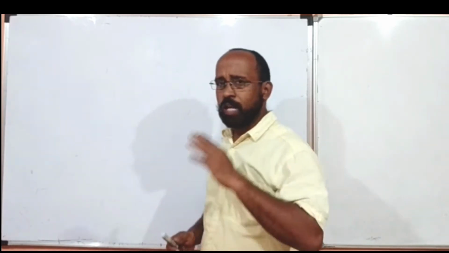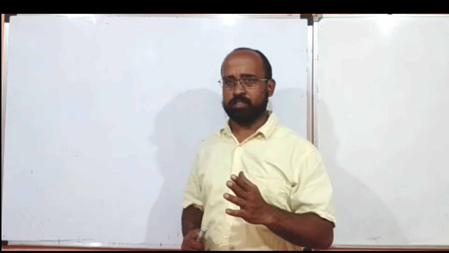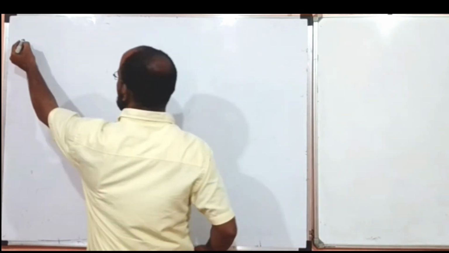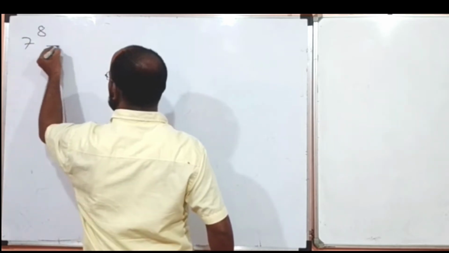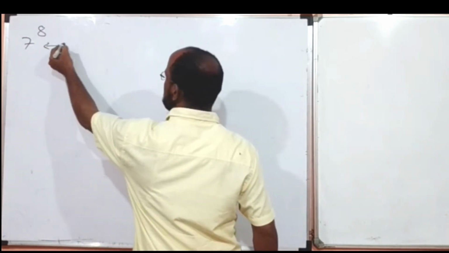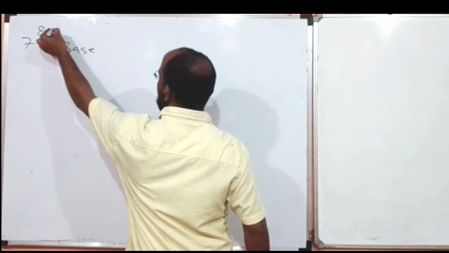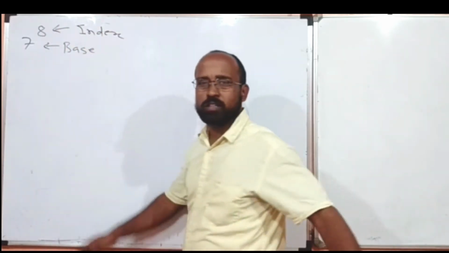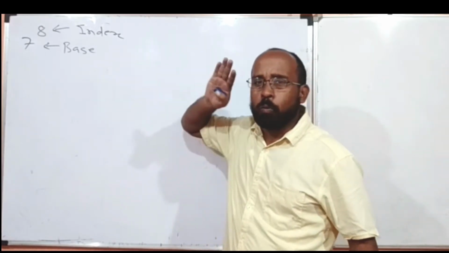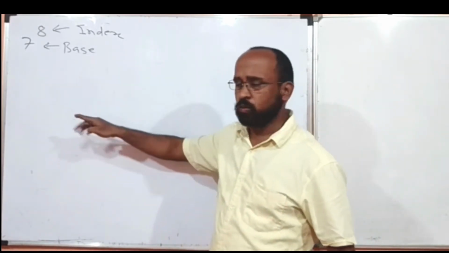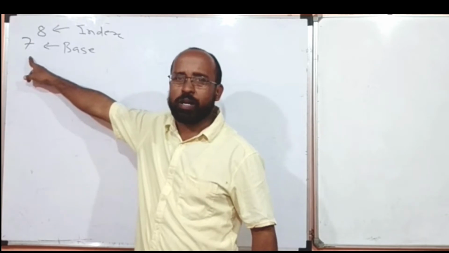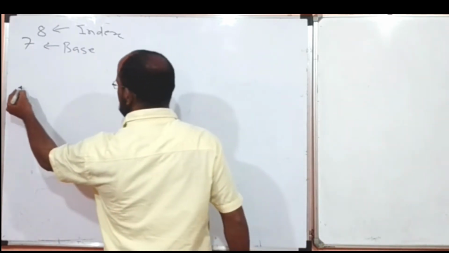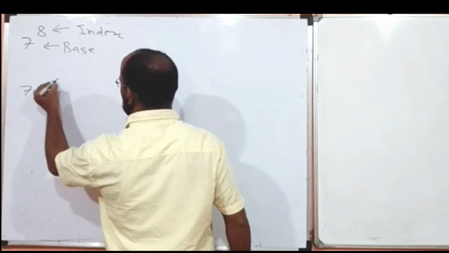Friends, in the lesson indices, we learn that if a number is written in the index form as 7 raised to 8, we call this 7 as base and this 8 as index. In algebraic expressions, this 7 will be joined with one variable, meaning 7 into x raised to 8.